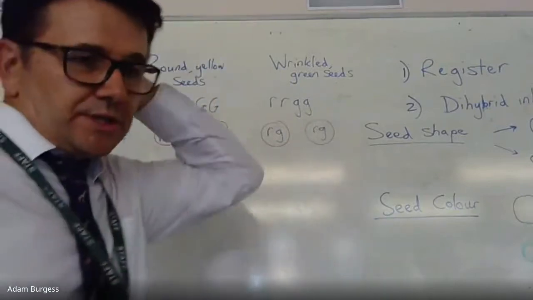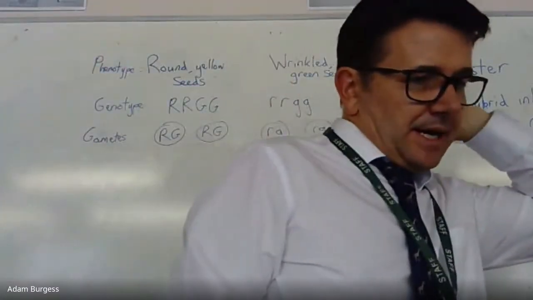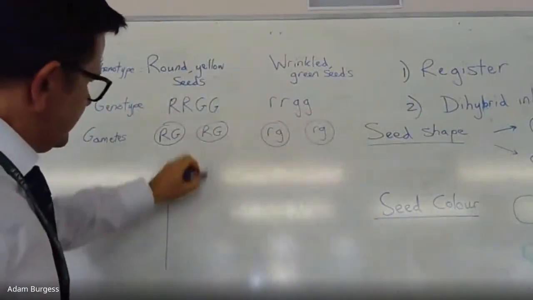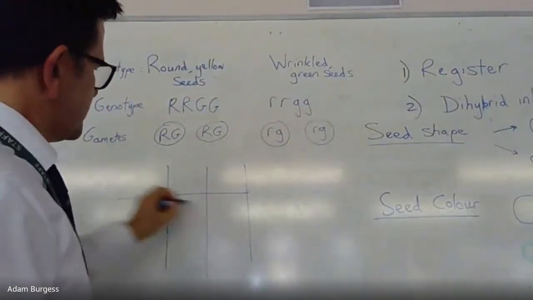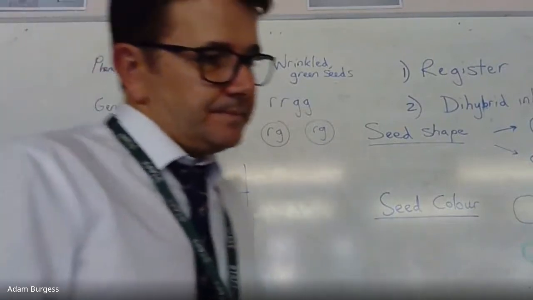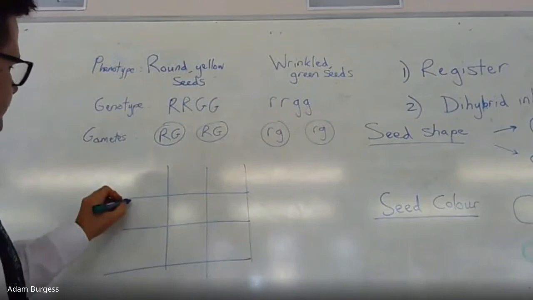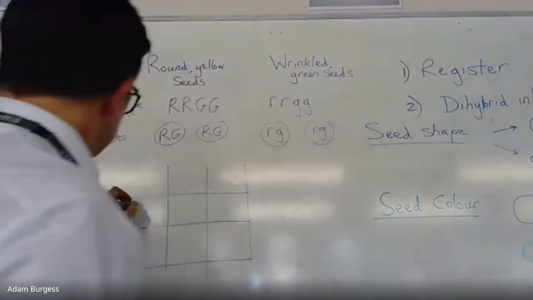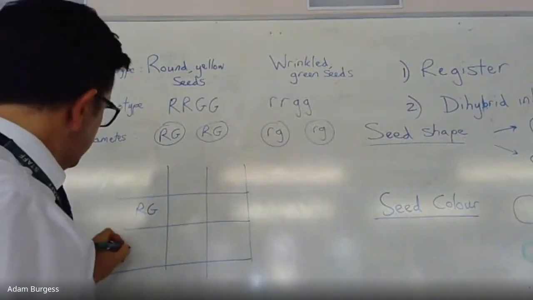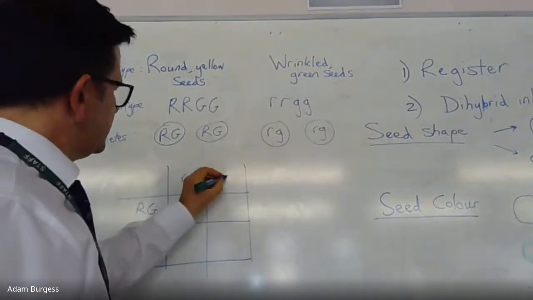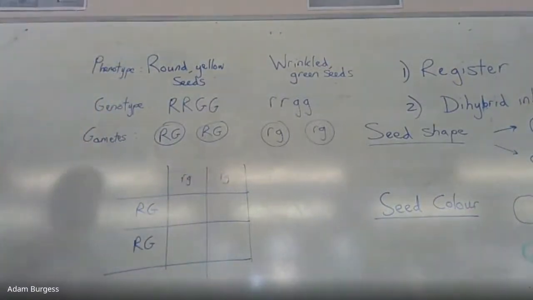So we can cross those, and we can do a very, very simple Punnett square like this. So we put RG there, RG there, and then little r, little g, little r, little g.